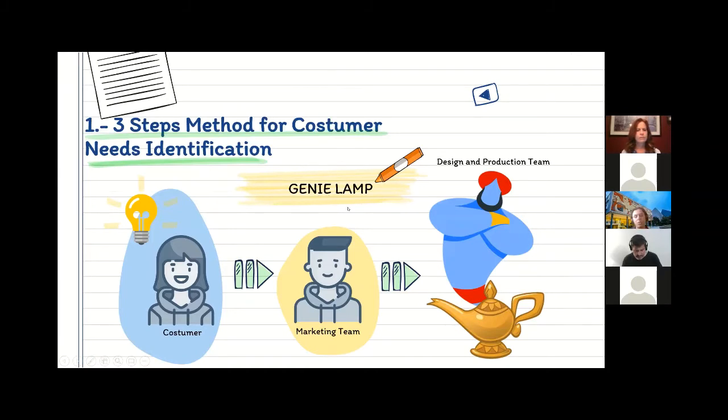What this tool tells us is that, if we have a genie lamp, we make our wishes so that the genie can create the things we ask for. We put ourselves into the shoes of the marketing team, and our customer is the person who has the wish or the idea.